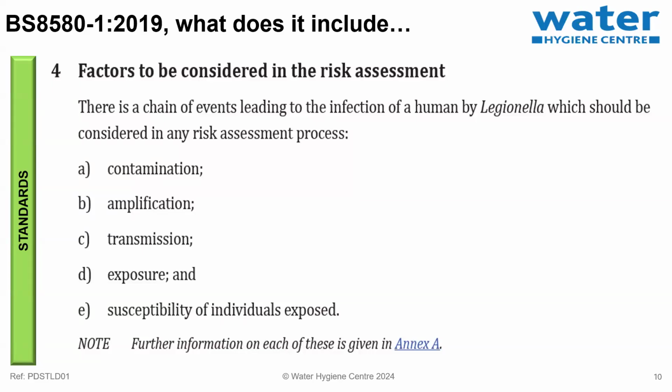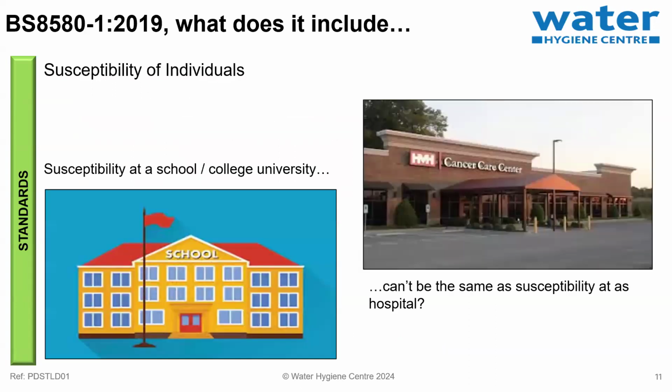Age, illnesses, being immunocompromised, lung deficiency, smoking, heavy drinking, other types of illnesses such as cancer and kidney failure, for example. They all have an impact on the susceptibility of the individual. And as we just said, the susceptibility at a school, college or university can't be the same as at a hospital. We've got to take into consideration the occupant susceptibility.